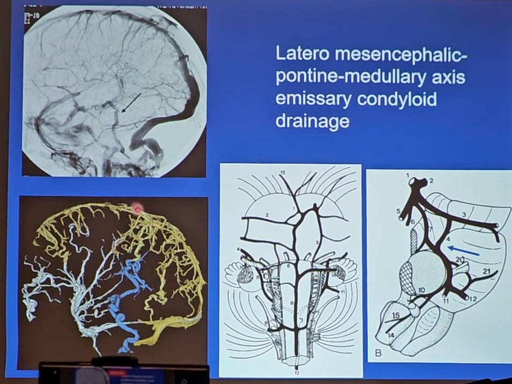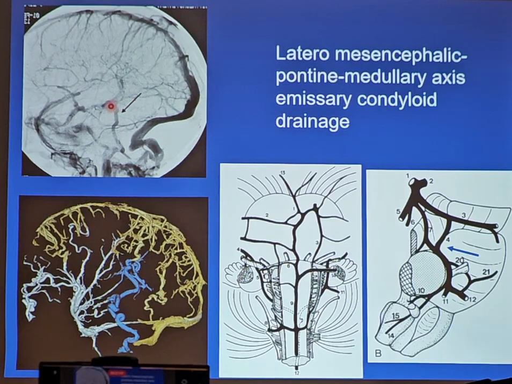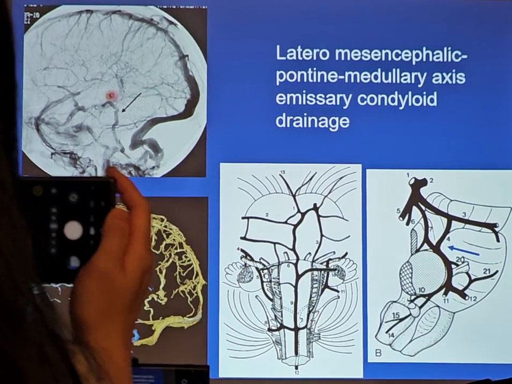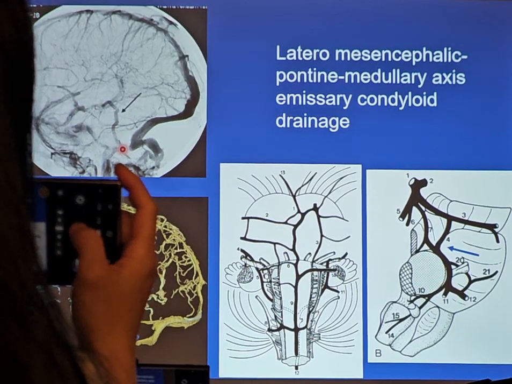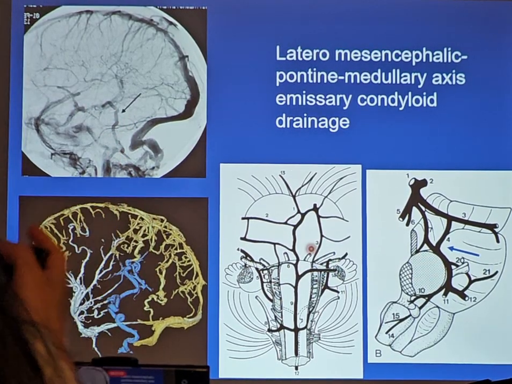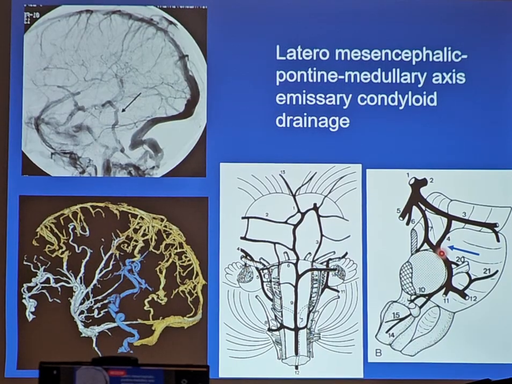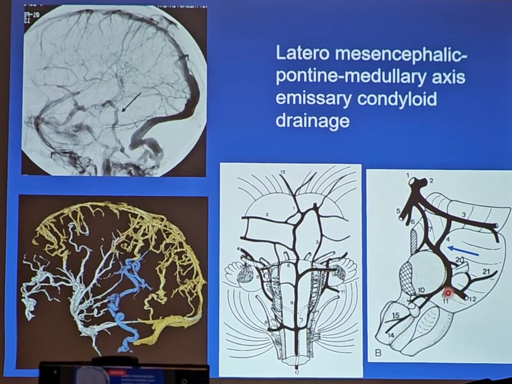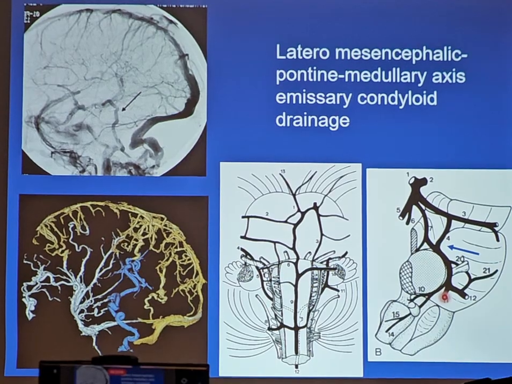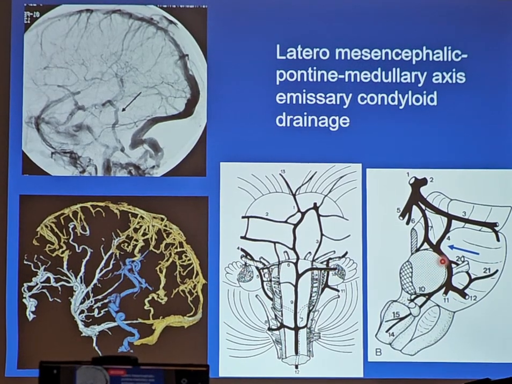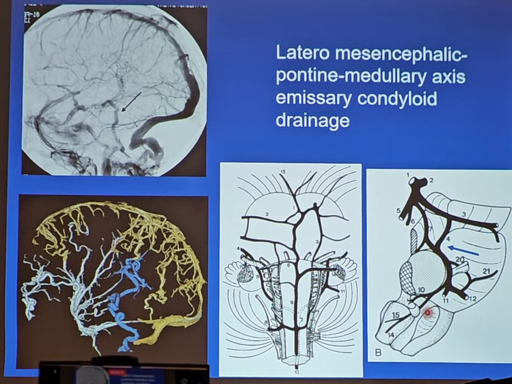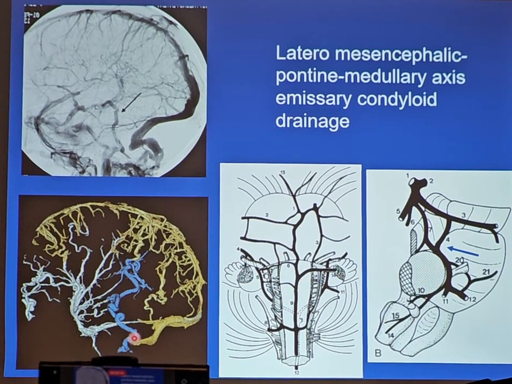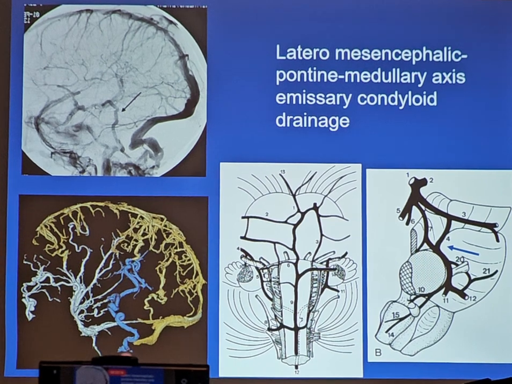In this case, again, you can see the drainage of the deep venous system is not in the usual way to the vein of Galen and straight sinus, but is actually going down the lateral mesencephalic vein beside the brainstem, and you can see its drainage pattern and its communication with the petrosal sinus system, or it can keep on draining along the brainstem all the way out at the condylar level.